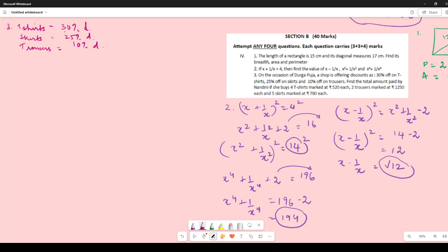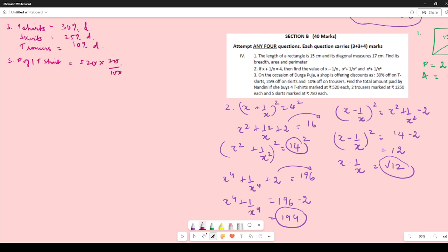Let us calculate it for one. Okay, so SP of one t-shirt will be what? One t-shirt is marked at 520, right? So 520 into 70 by 100, after the 30% discount.